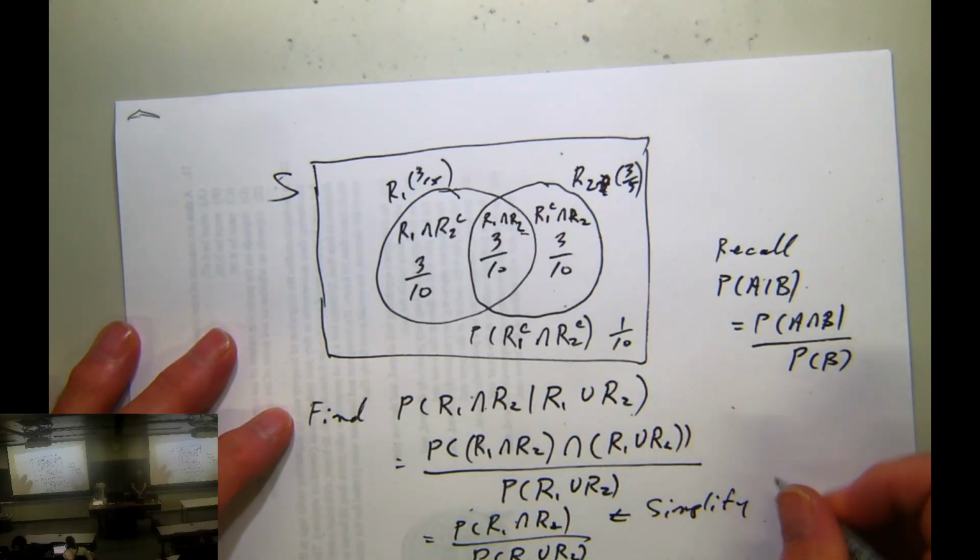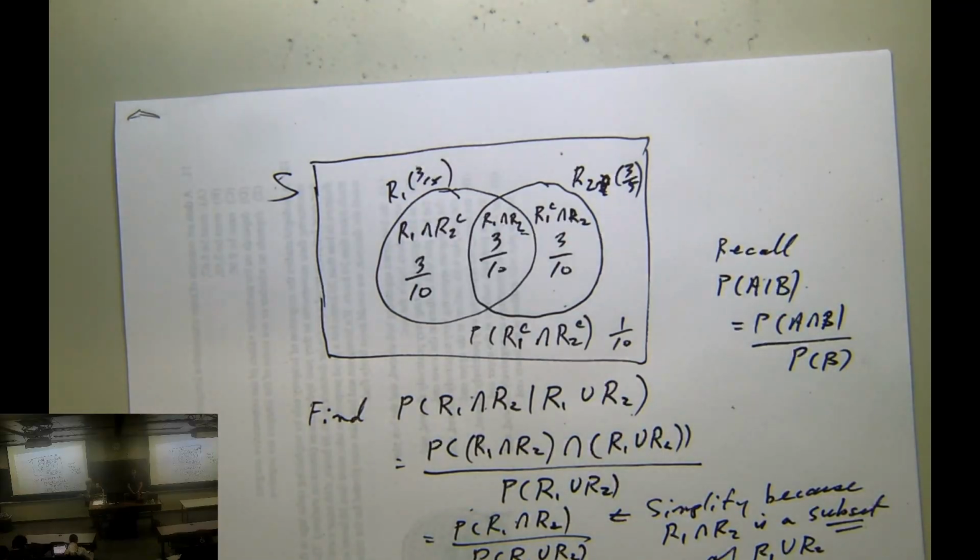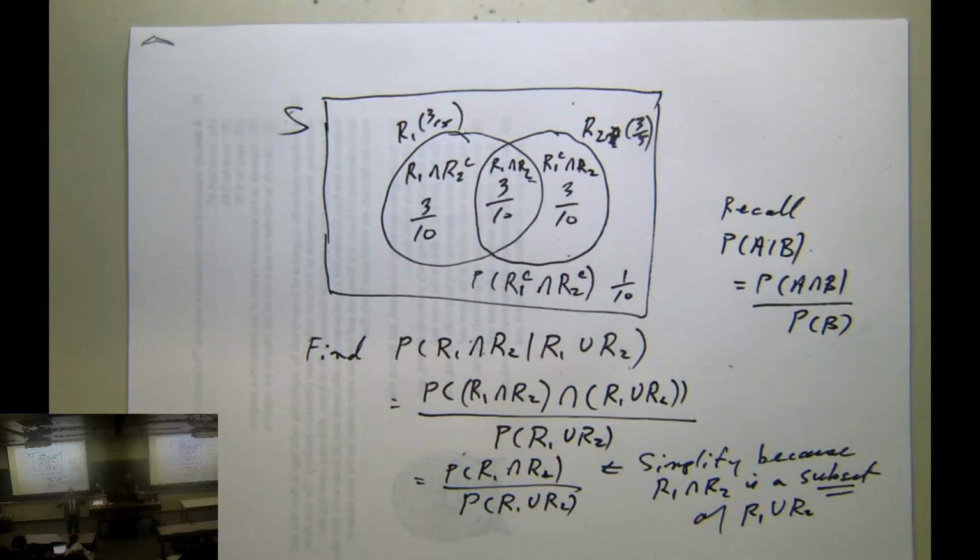So we simplify because R1 intersect R2 is a subset of R1 union R2. And so when I take an intersection of a subset with the bigger event, the intersection just falls down to the subset.